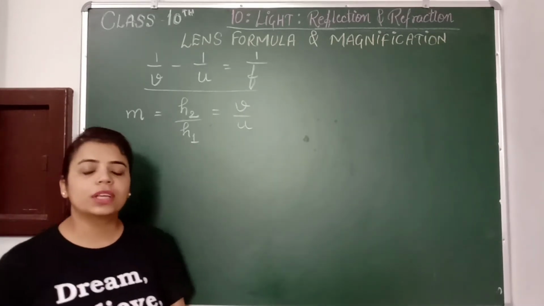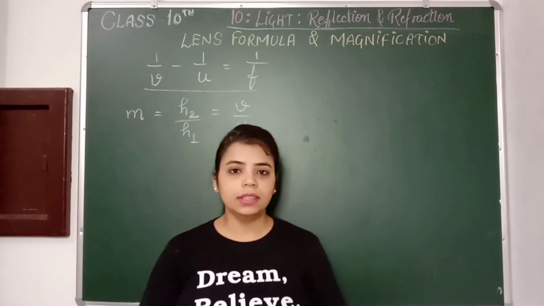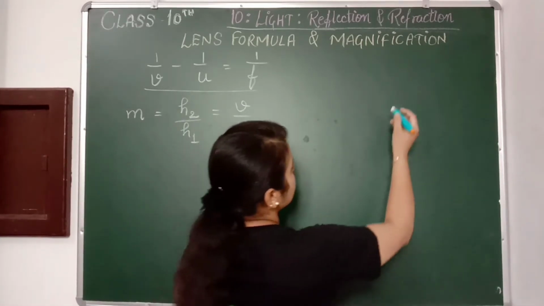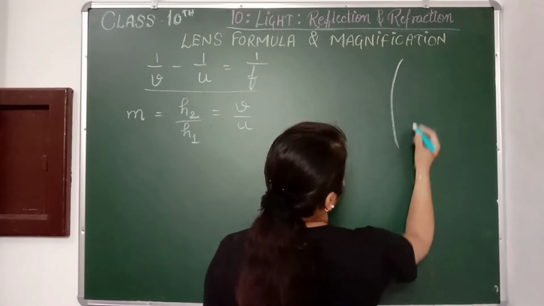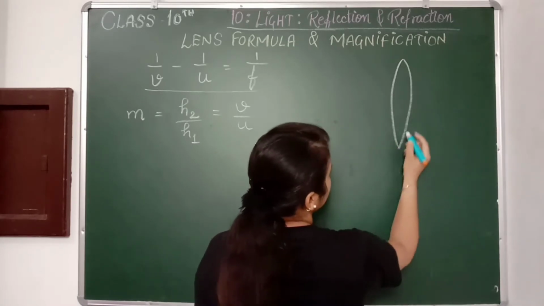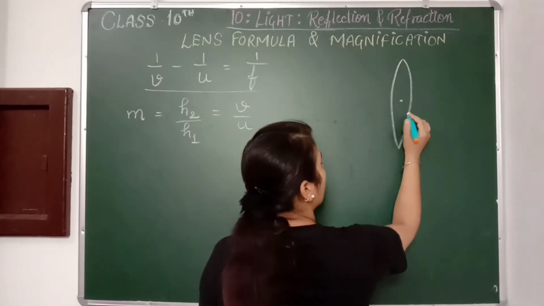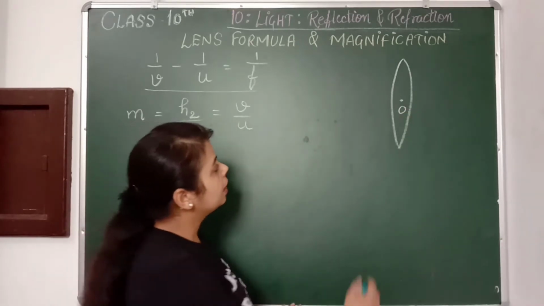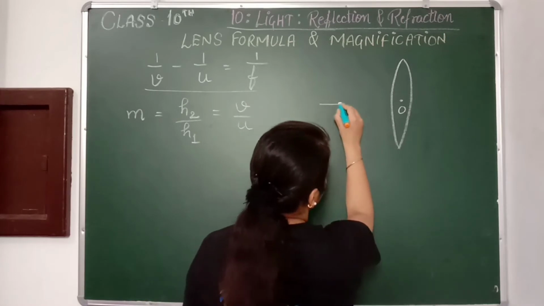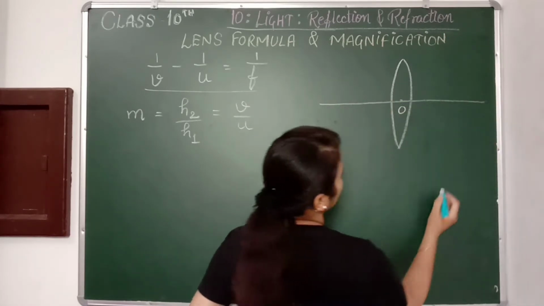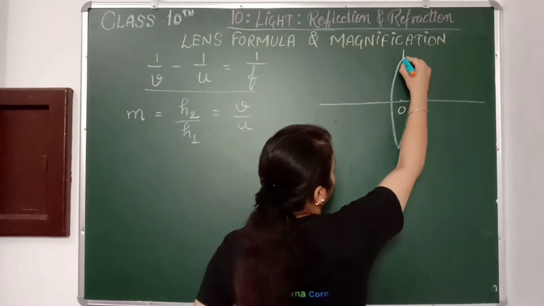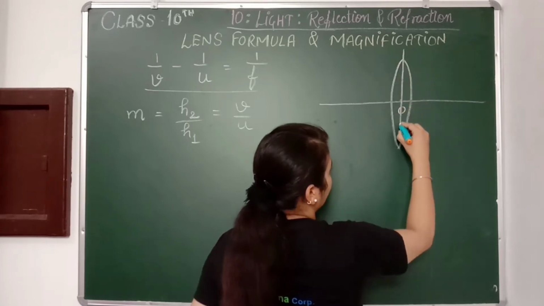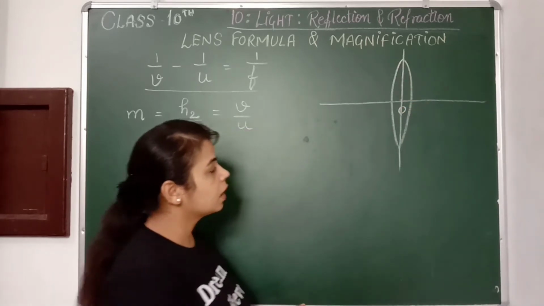Now let us check what are the sign conventions for the lenses. Just consider a convex lens, and we know the center of lens is called the optical center, which is represented by capital O. Let us draw a principal axis through this optical center and also a perpendicular line through it.